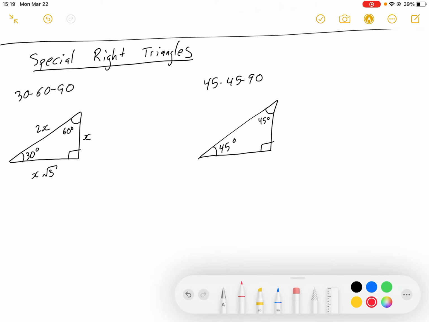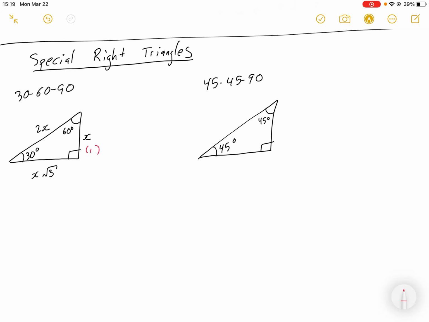That worked out in the one I just did where this side length was 1, this one the square root of 3, and this one 2. And for this triangle, we would say this is x, x, and then x times the square root of 2. Again, this works because you could do 1, 1, and the square root of 2.